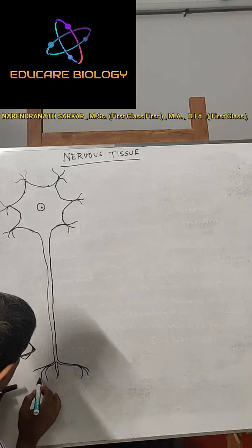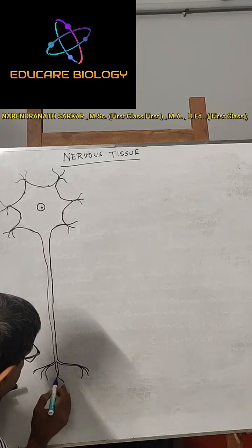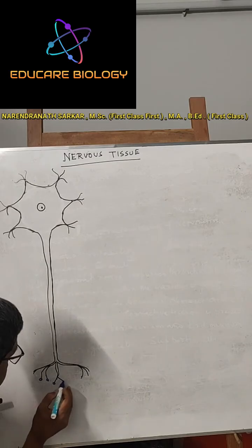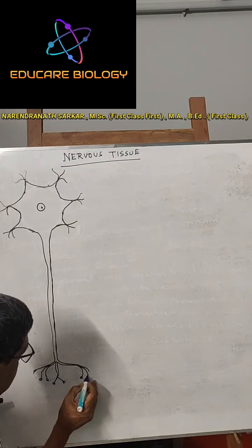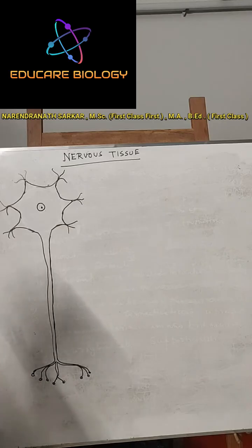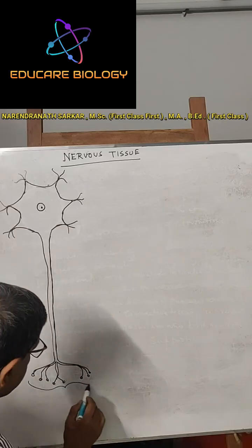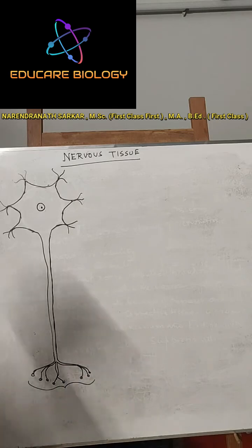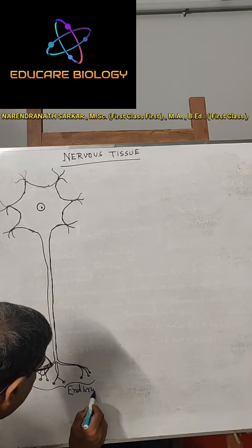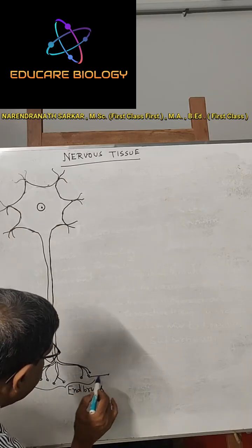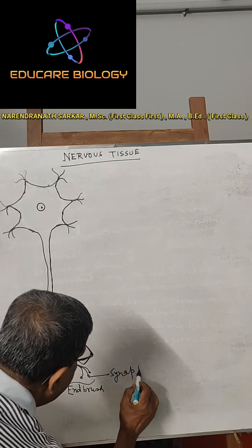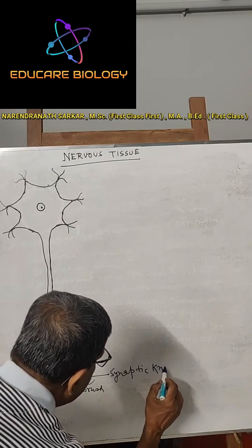The terminal part of the branch is knob-like, which is called synaptic knob. Totally this is called end brush.